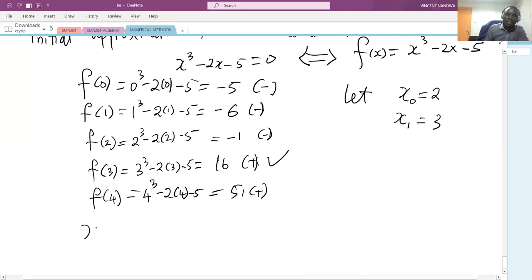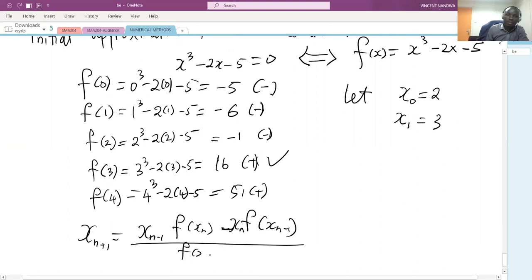Remember, we have x_{n+1} equals x_{n-1} f(x_n) minus x_n f(x_{n-1}) divided by f(x_n) minus f(x_{n-1}). It is very easy to remember the formula because there is some symmetry here.